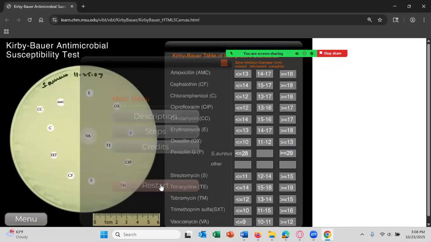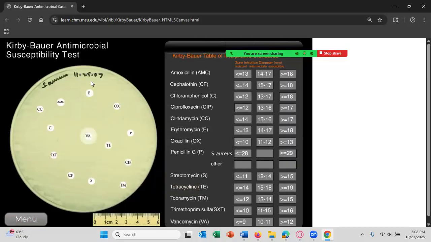And there we get a third plate, Staphylococcus aureus. And you'll notice that this strain of Staphylococcus aureus is resistant to all of the antibiotics except for VA, which is vancomycin. So this is actually MRSA, multi-drug resistant Staphylococcus aureus.